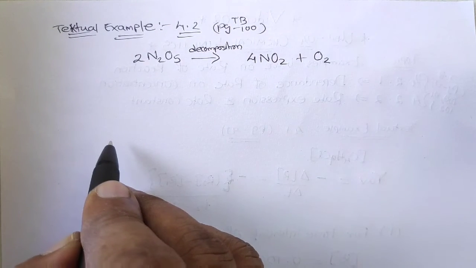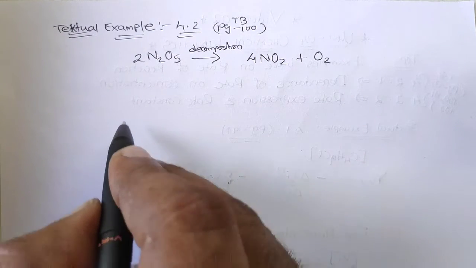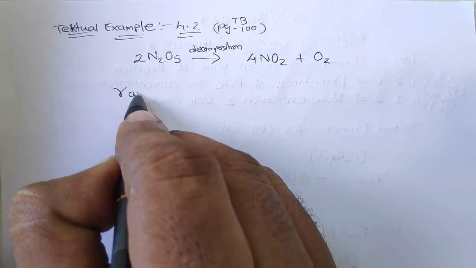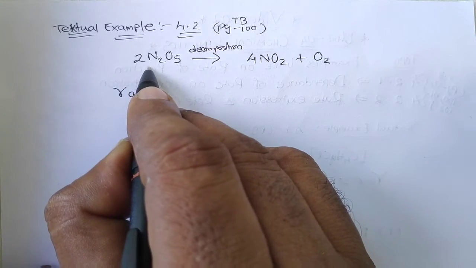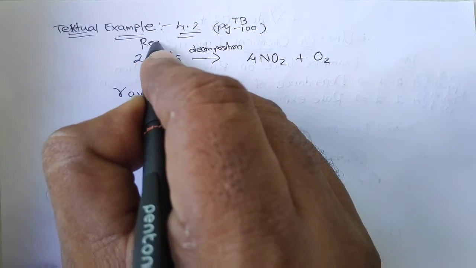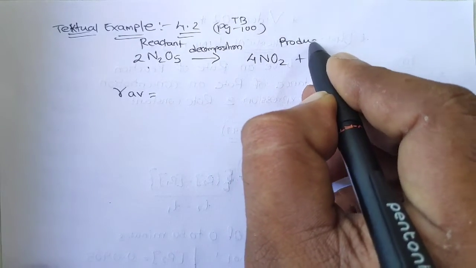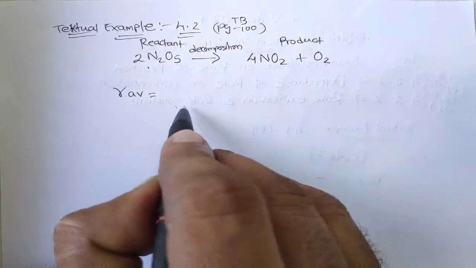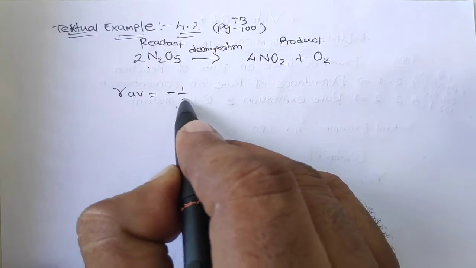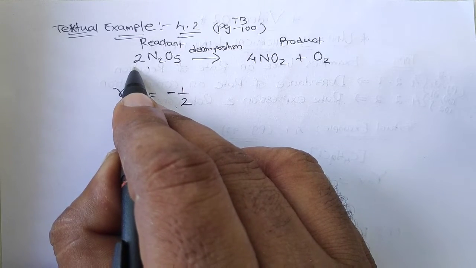So now if I want to write the rate for this, that is average rate, RAV will be equal to, for this reactant side, and this is your product side, right? So RAV will be equal to minus 1 by 2, because 2 is the stoichiometric coefficient here.